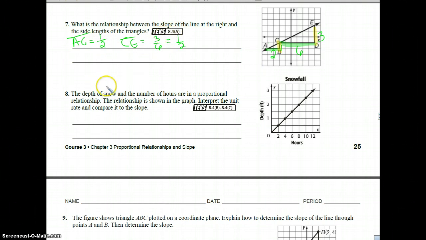So maybe what we could write is that the slope of the line is 1/2, which happens to be the ratios of each of the side lengths. And I will write that for you so that you have it, okay? Or how about we say, this will be easier, the ratios of the side lengths are equal to the slope.